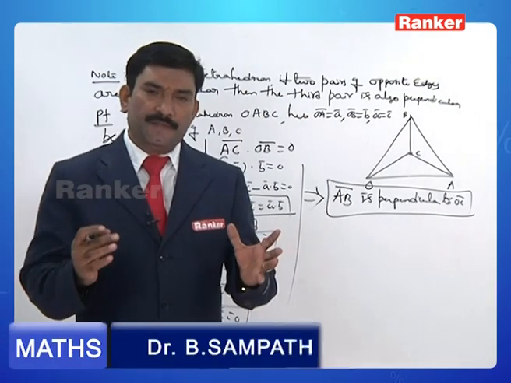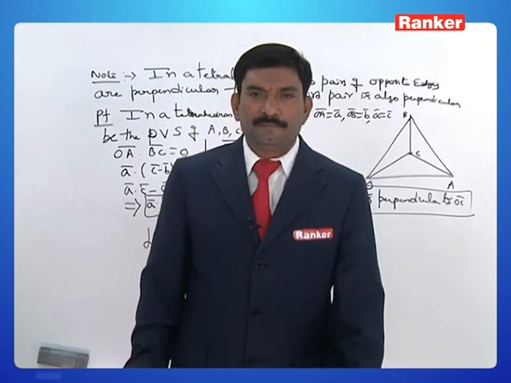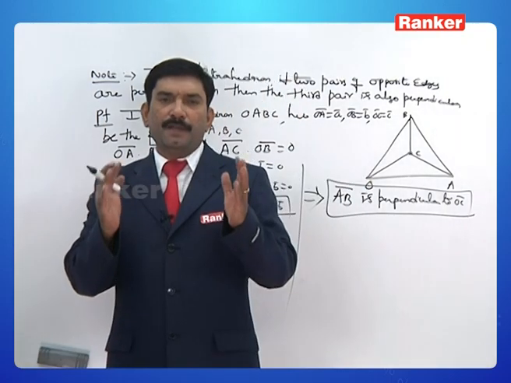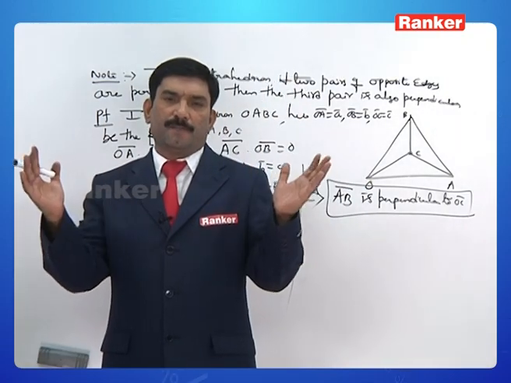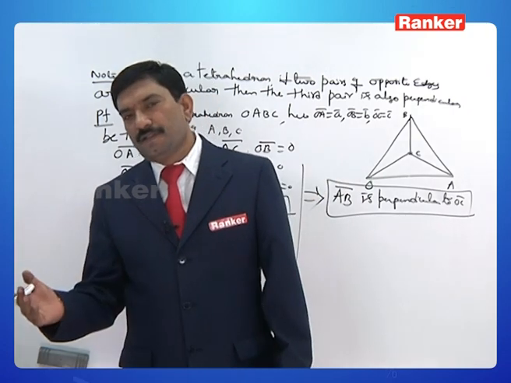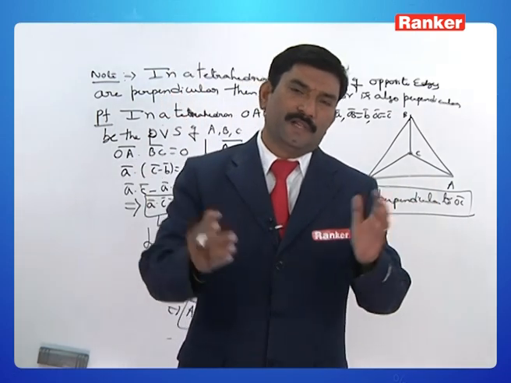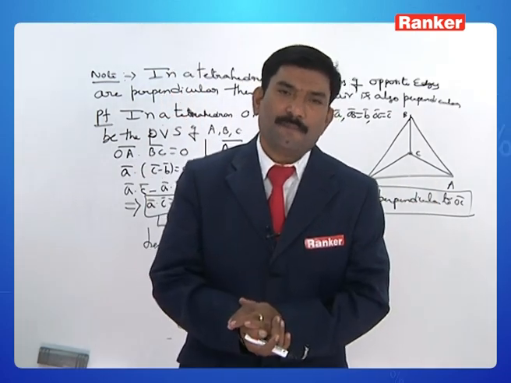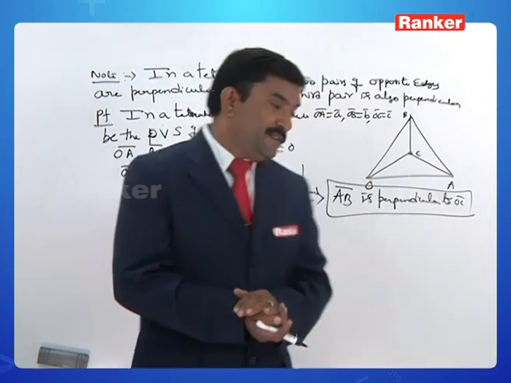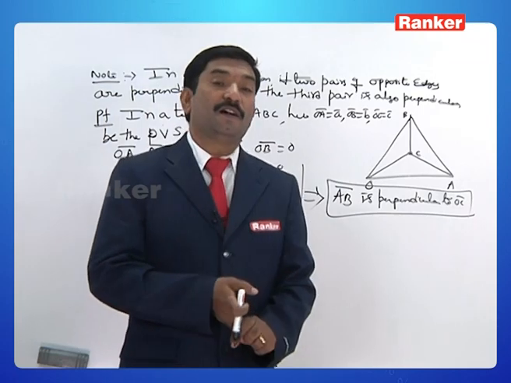So hence, we can say in a tetrahedron, if two pairs of opposite edges are perpendicular, then the third pair of opposite edges is also perpendicular. With this concept, we are proving another property.